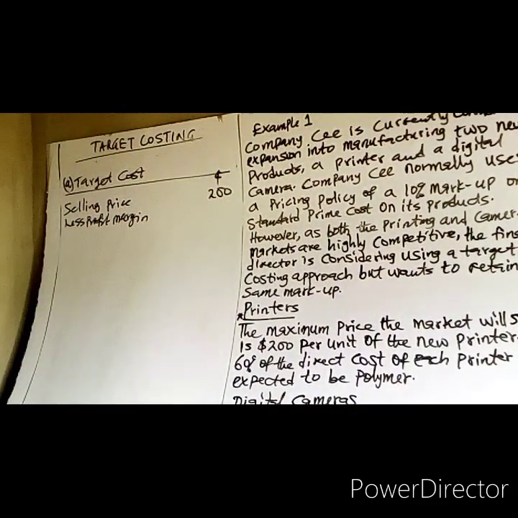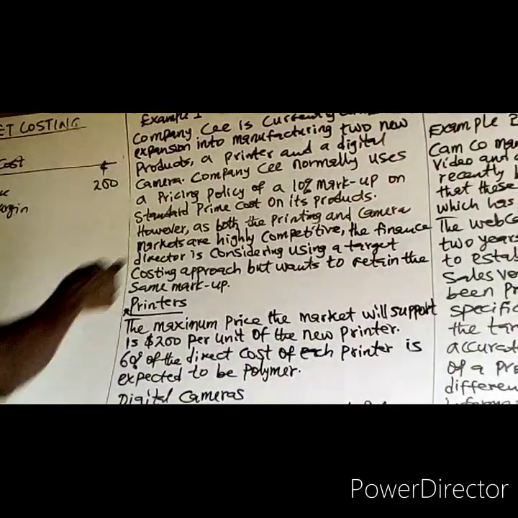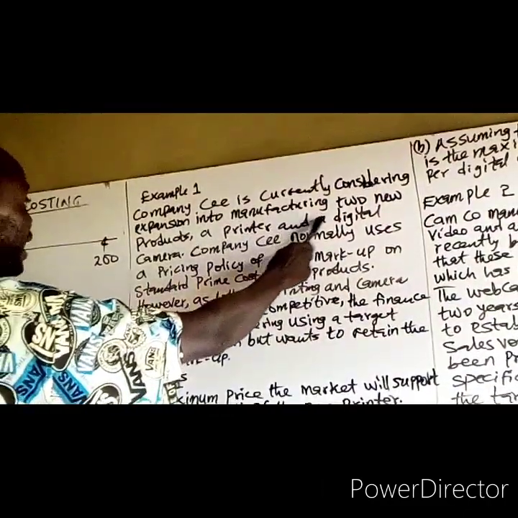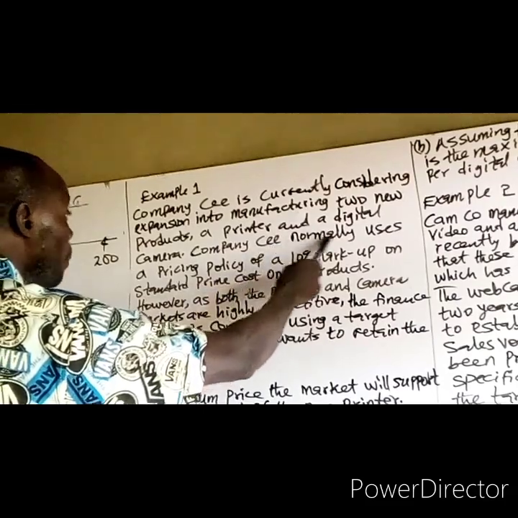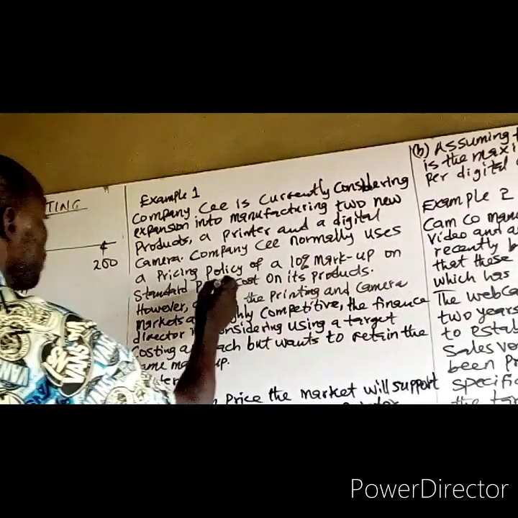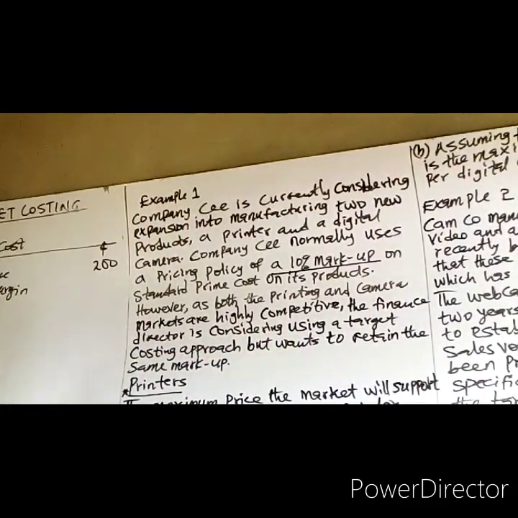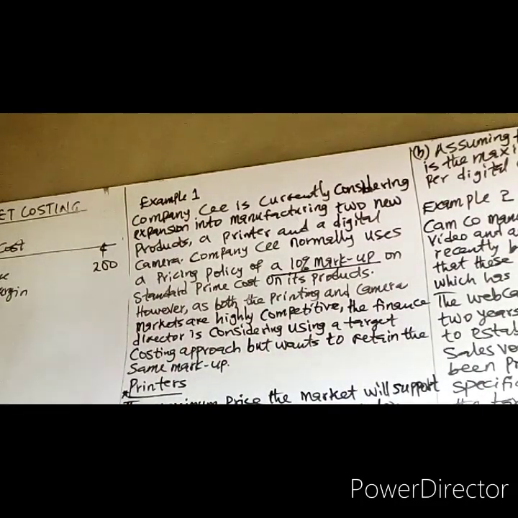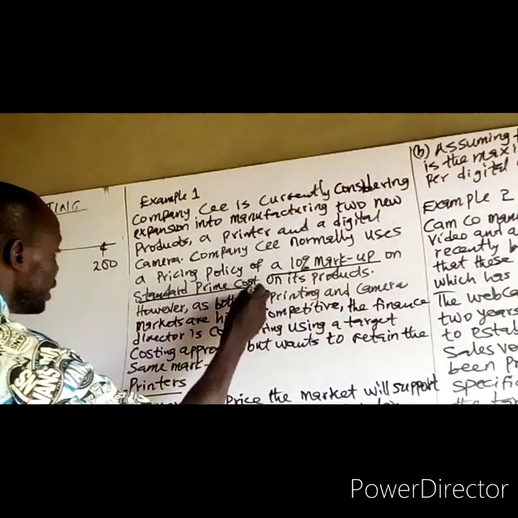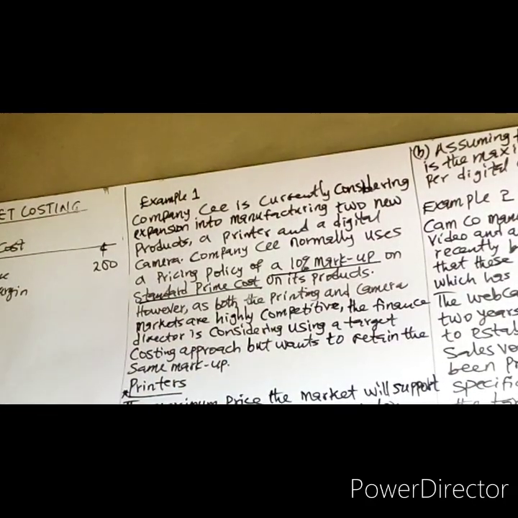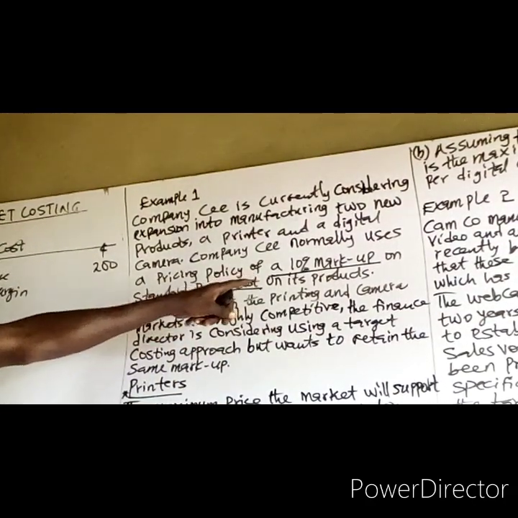Now, if you go back to the question, a printer and a digital camera, Company C normally uses a pricing policy of a 10% markup on standard prime cost. Prime cost is direct cost. So, it is markup we are given of 10%.